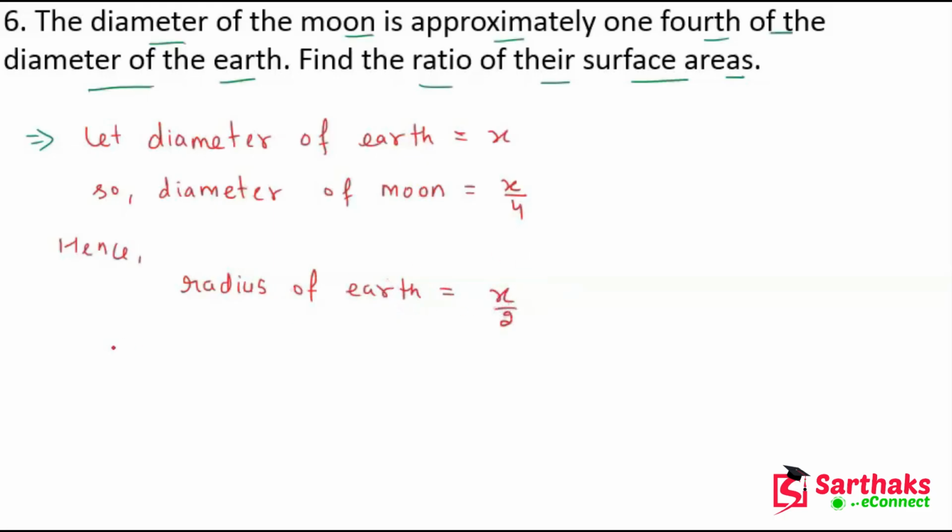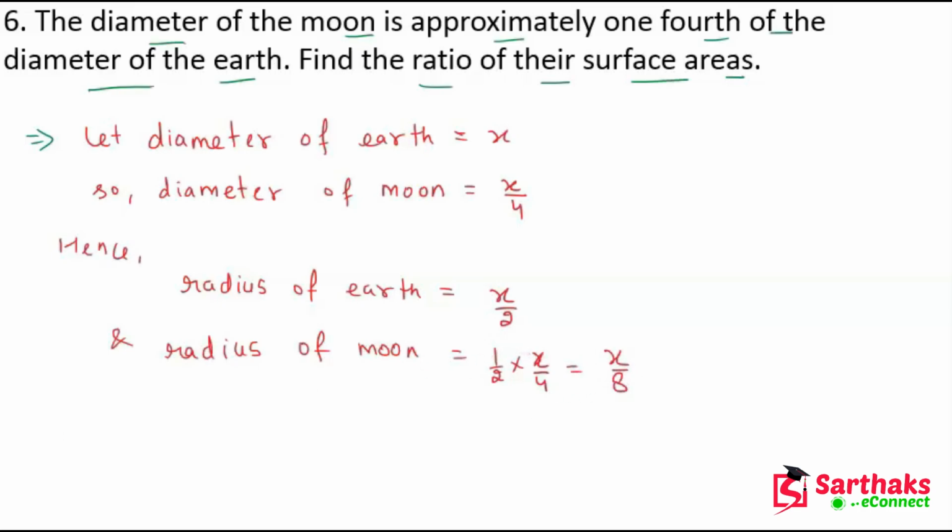And the radius of moon will be 1 upon 2 into x upon 4, means half of x upon 4. So this is equal to x upon 8.